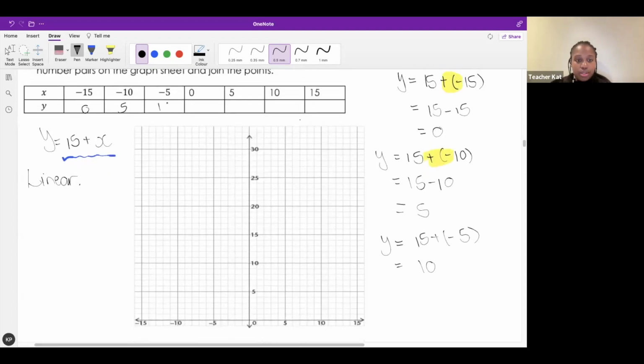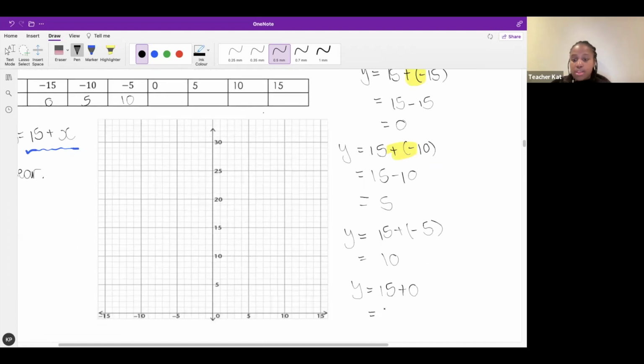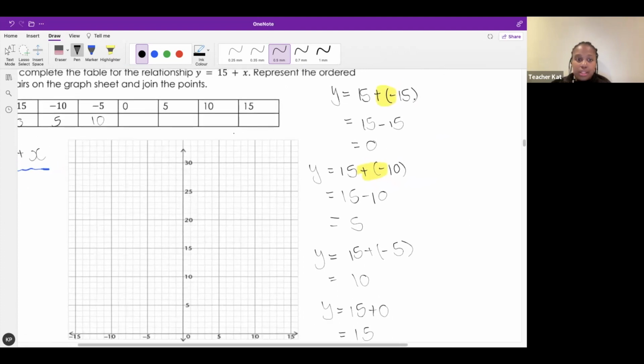So let me write this here. 10. y equals 15 plus 0. That's just 15. The next one, y is equal to 15 minus 5.